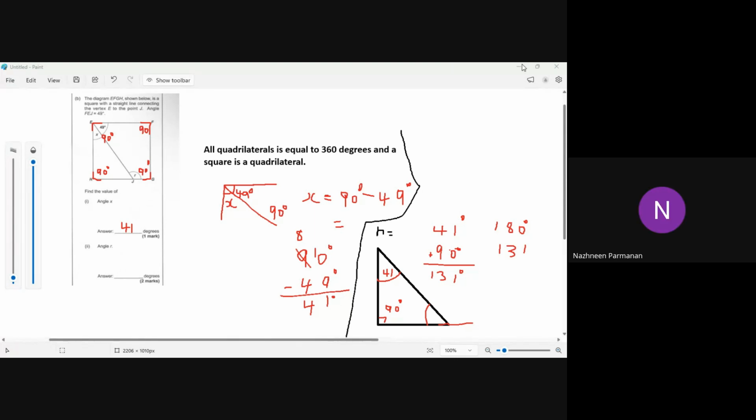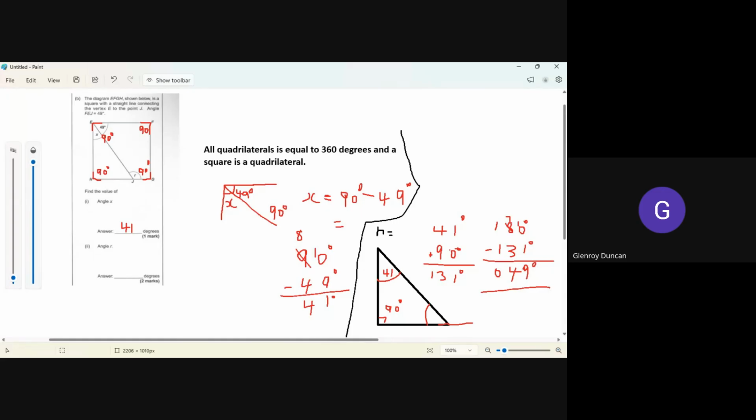Sir, 180 degrees minus 131 degrees gives us 49 degrees, which is the part next to the 90 degrees in the scalene triangle. Please don't unmute your mic. Thank you. That's 49 degrees.